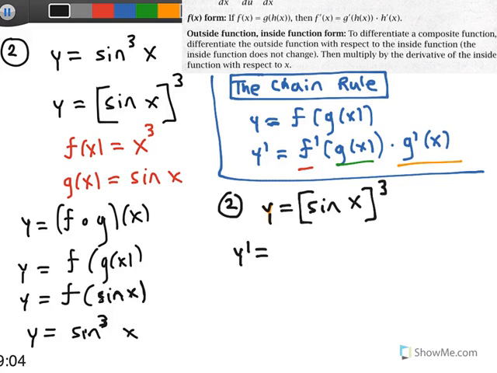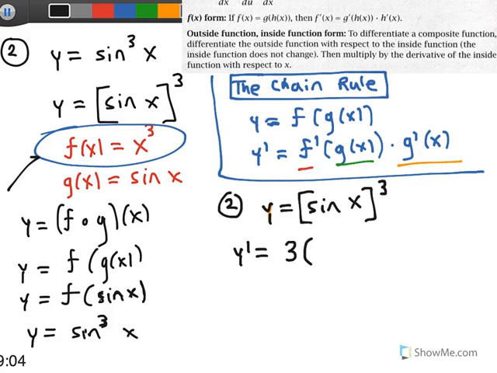We start by finding the derivative of the outside function evaluated at the inside function. And of course, our outside function is f of x is equal to x cubed. So to find the derivative of the outside function, you will use the power rule. So you will have 3, and then you have to evaluate the derivative of the outside function at the inside function. The inside function for us is sine x.